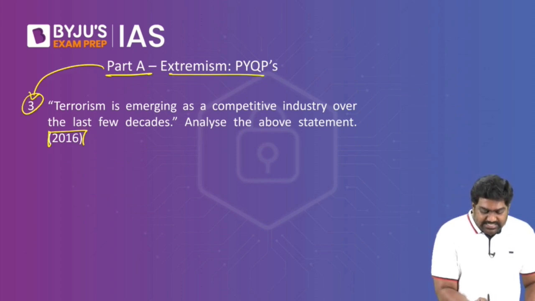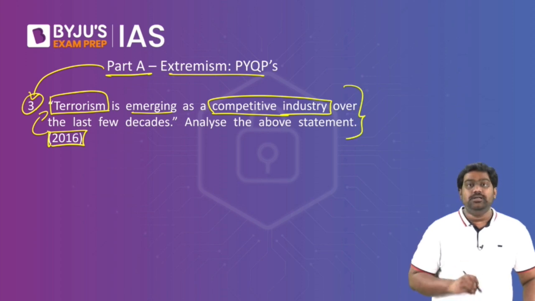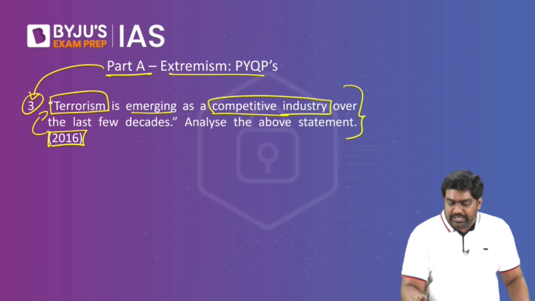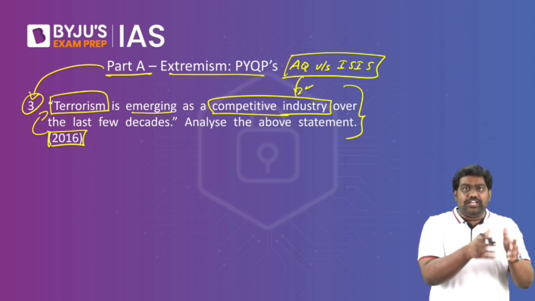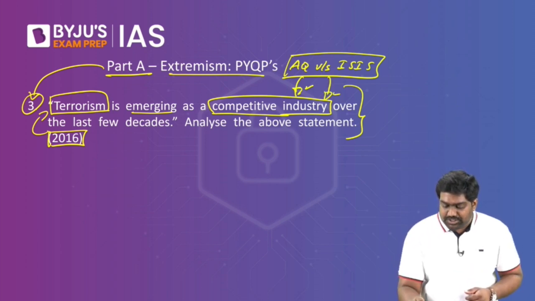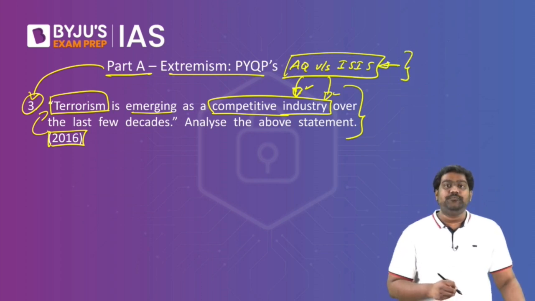There was a question in 2016 focused on terrorism, how terrorism has become a competitive industry over the years. This question was directly inspired by the competition between major global terror groups like Al-Qaeda and Islamic State, where they fight for dominance in order to corner the donations they get, the influence they get, so that they can become the major terrorist organizations of the world to drive up recruitment to their organizations.